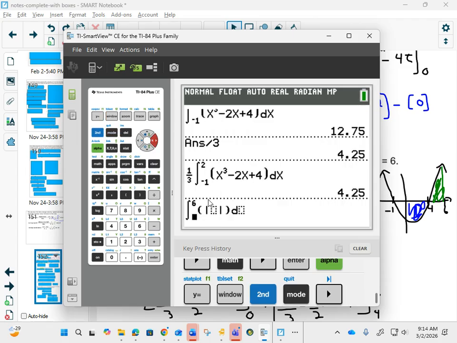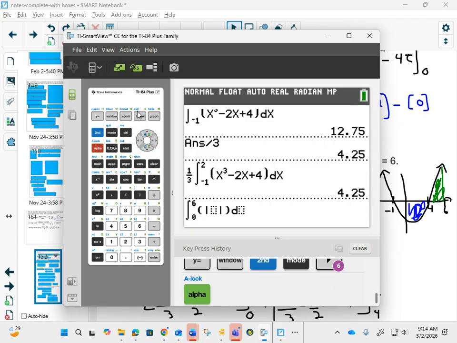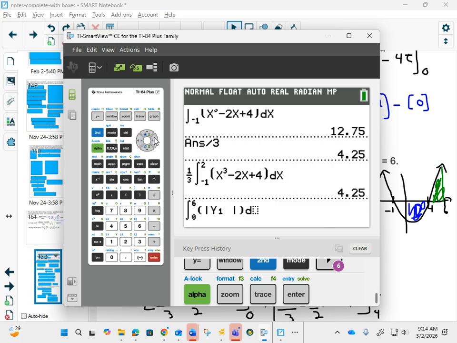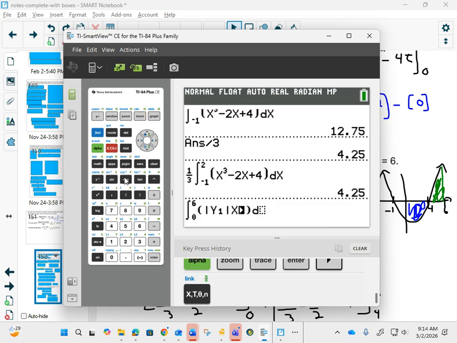And then inside, I'm going to go alpha F4, and inside I'm going to put Y1.